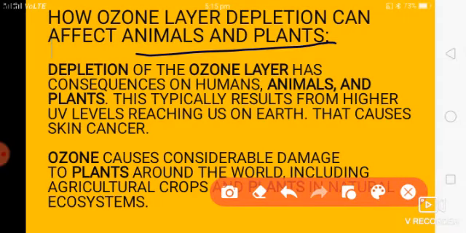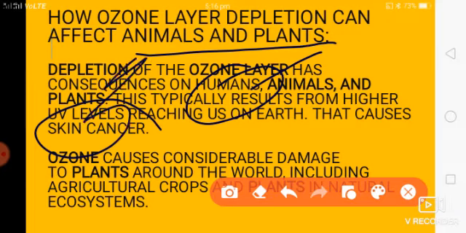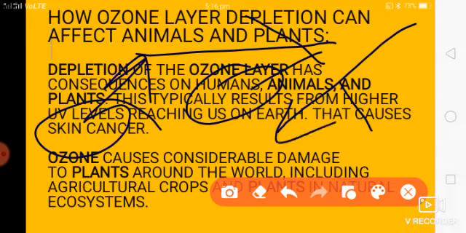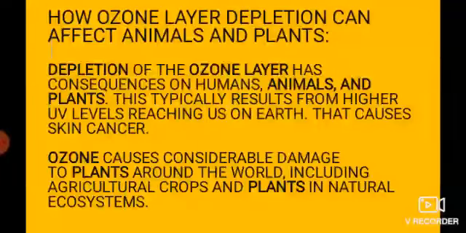And severe consequences happen to human beings, and that leads to skin cancer also. Why is it happening? Because when the ozone hole happens, the UV rays come directly onto the earth's surface, and that affects our skin, and that causes skin cancer.